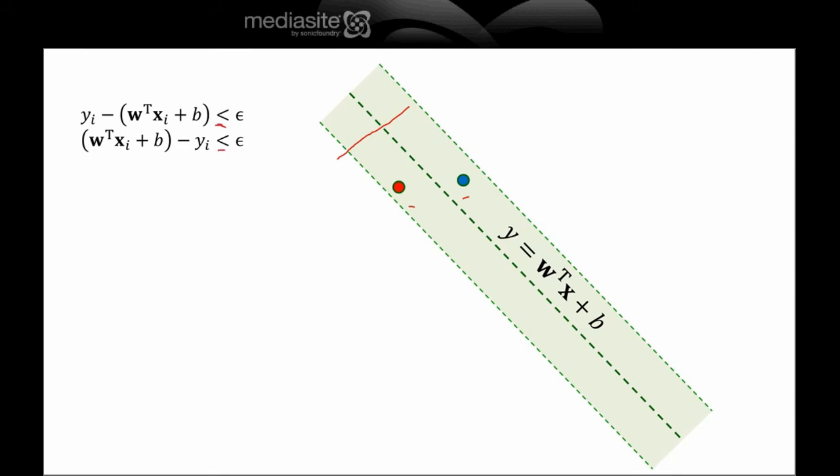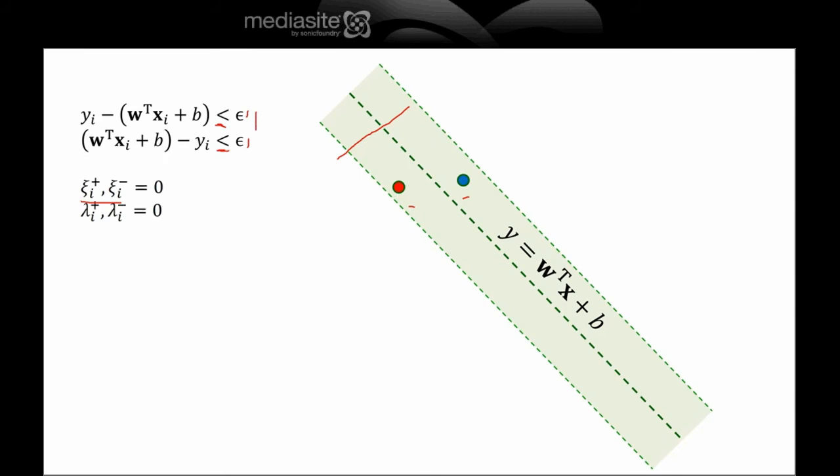And so our 2 constraints are both simultaneously inactive constraints. And there is no error, so zeta I plus and zeta I minus are both equal to 0.